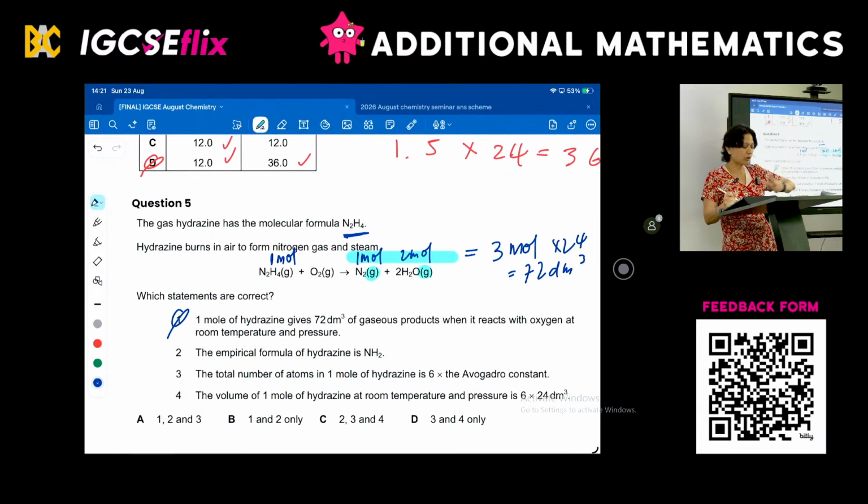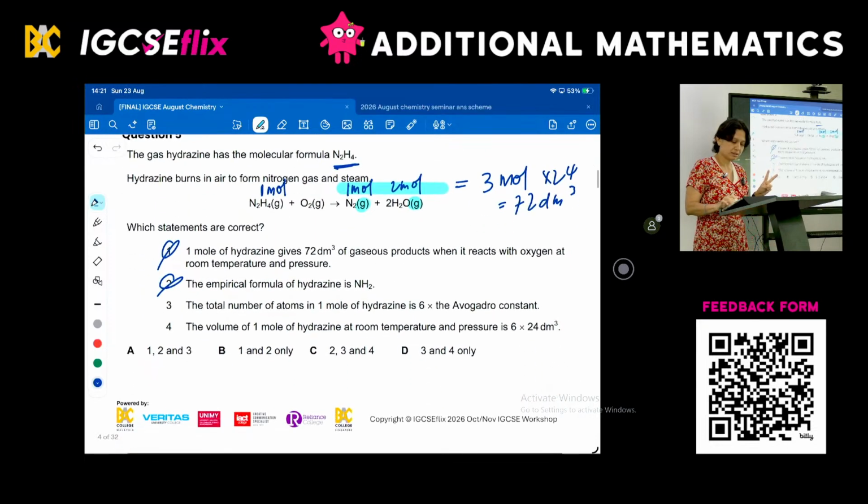The empirical formula, N2H4, smallest ratio, is it NH2? Yes. Total number of atoms in 1 mole. So you look at this, N2H4, 1 molecule has 6 atoms.